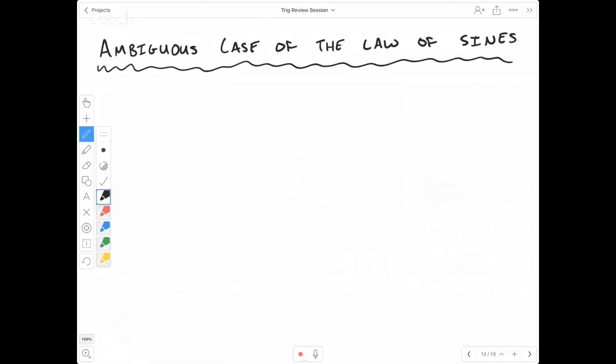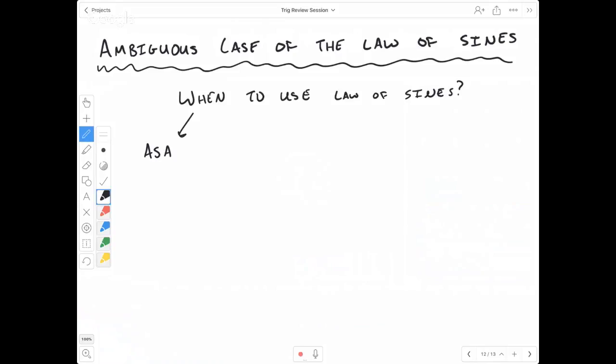So the law of sines, we have our trig map, which has come up earlier and is a great thing to be real clear about. When to use law of sines. Sometimes we use it because we have angle, side, angle.